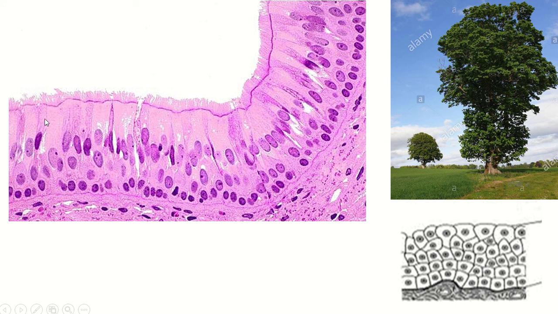So obviously it is a columnar epithelium. Then you look, there is not a single nuclei level, there are multiple levels of nuclei. So this is obviously pseudostratified ciliated columnar epithelium. So this is all about simple covering epithelium. By this video you can easily identify any simple covering epithelium.